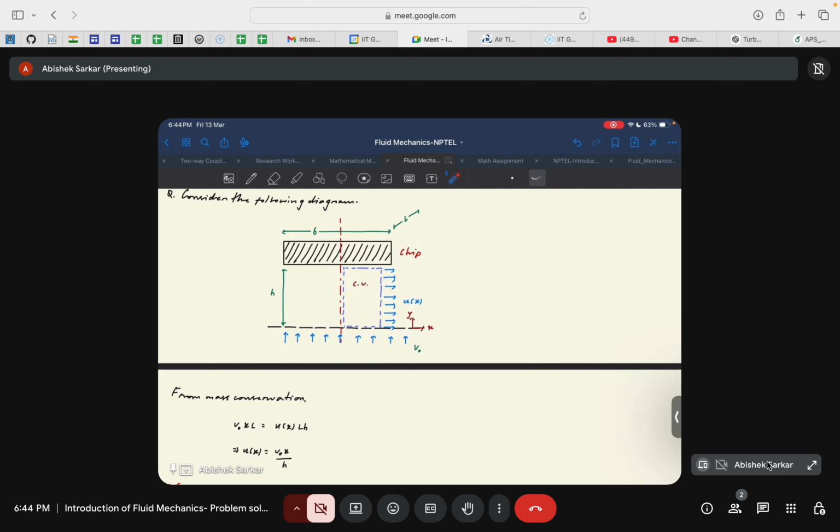If viscous effects were there, it would have a profile like this, where the no-slip boundary condition would distort the velocity profile near the walls. So from mass conservation, let this be the instantaneous control volume in hand, and let this length be, say, x.